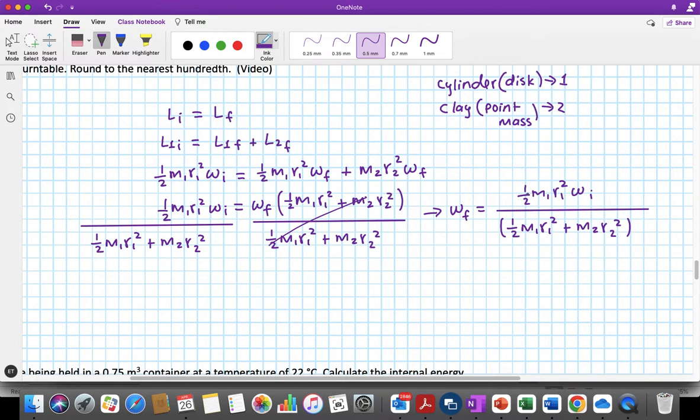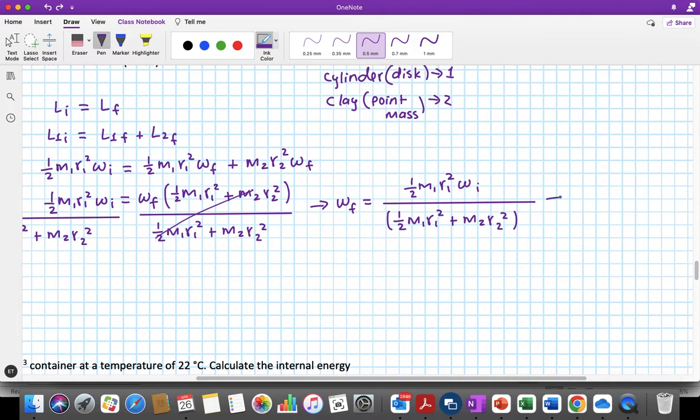I know this 1/2, I can write it as 1 here and then 2 here. If I do that, the 2 will cancel this half. And then I'm going to have to add a 2, because I'm distributing the 2 here to m2 r2 squared.